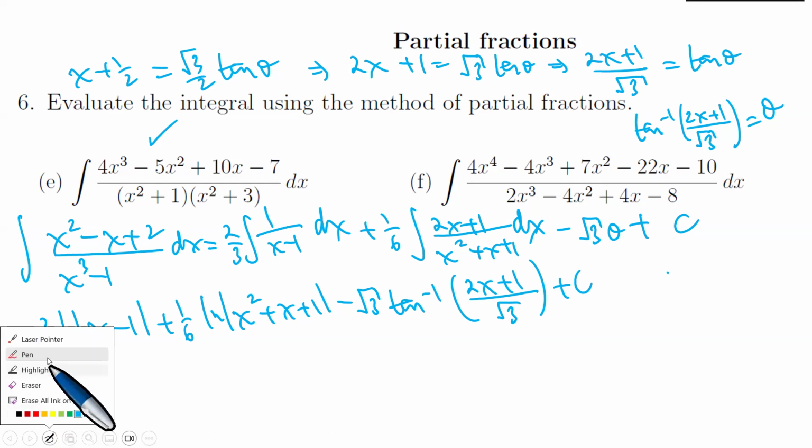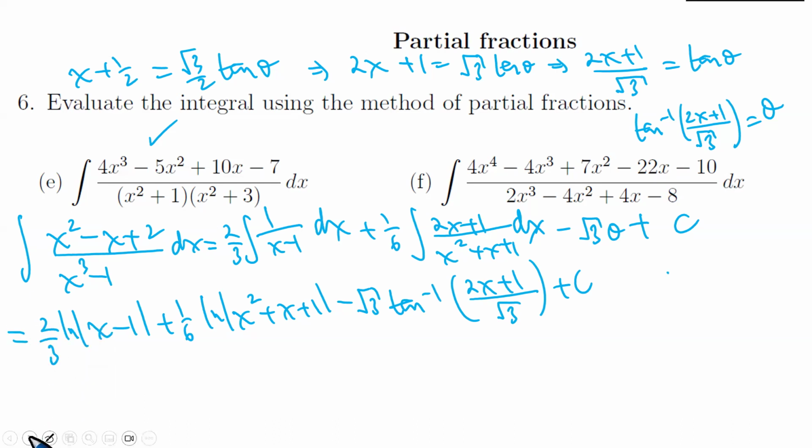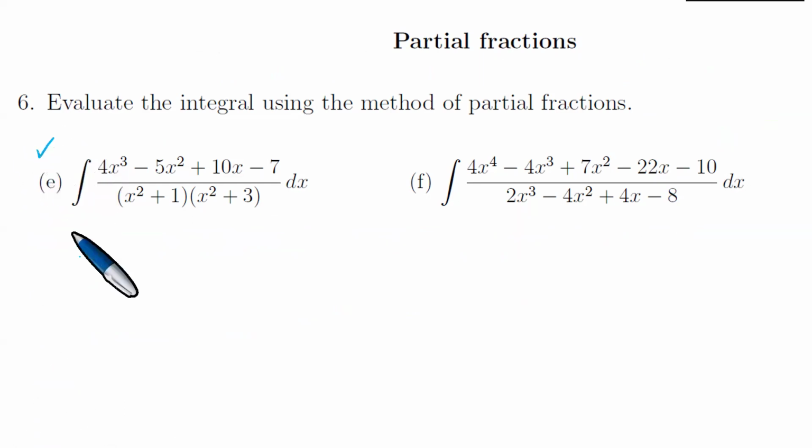Right, in doing E, we'd have the following. Right, so we're going to try E. So I have the integral of this, but now let us do the partial fraction first. So you'd have the 4x cubed.